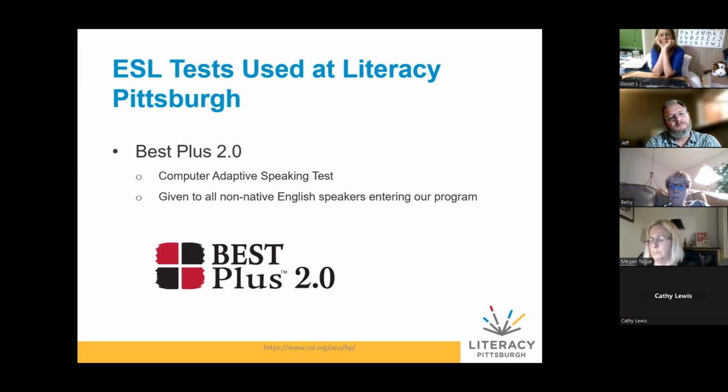And based on our scores, it will adapt to ask either an easier or a harder question to really pinpoint a student's educational functioning level. So this test is given to all non-native English speakers entering our program, whether we know they are very advanced or we don't. This is the first test that we will give every non-native English speaker.